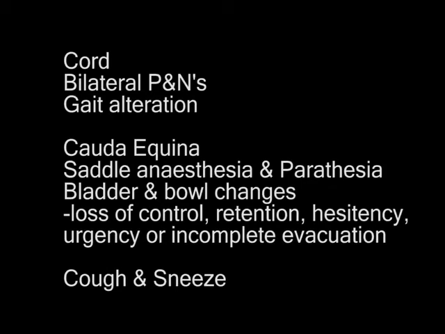So you just have to think about how you ask that question. So perhaps you might want to use terminology such as, as you clean yourself when you've been to the toilet, have you noticed any numbness or pins and needles in that area? And then really about bladder and bowel function, so any loss of control, retention, hesitancy, urgency, sense of incomplete evacuation. And then finally, if you cough and sneeze, does it make any difference to your symptoms?